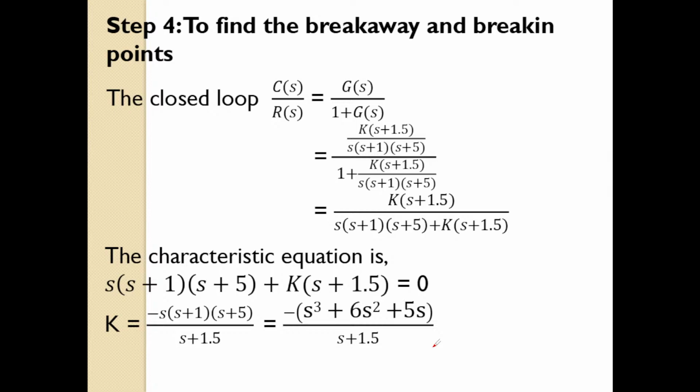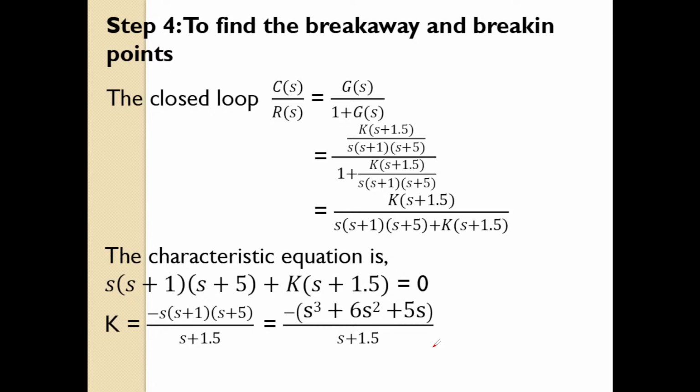Now let us check whether K is real and positive or not. For s equal to minus 0.6, substitute in the K expression. You will get 1.17. 1.17 means it is a real and positive value. If it is real and positive, definitely there must be a breakaway or break-in point. So I have written here, there is a breakaway point. Why?